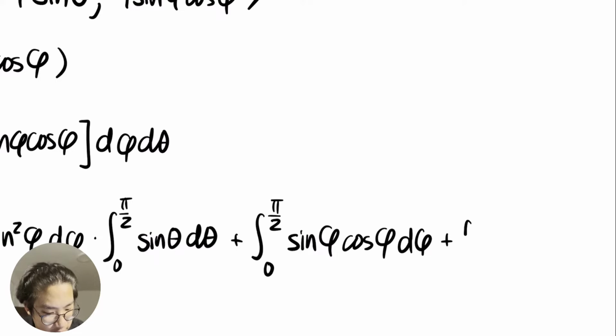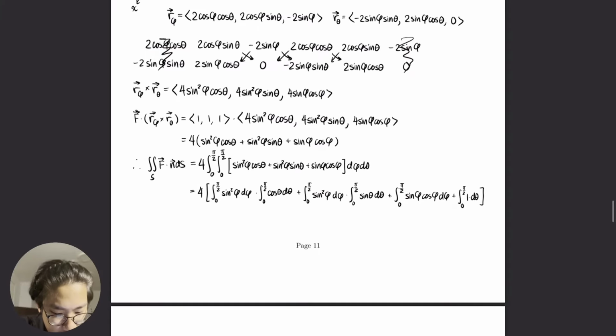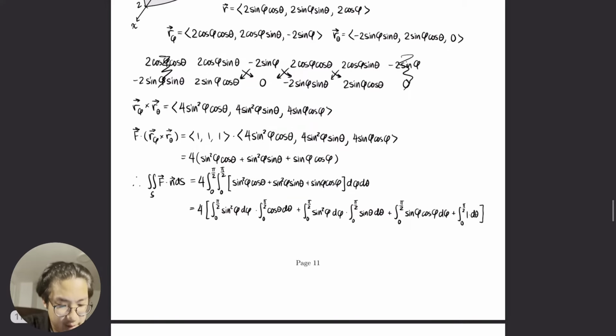And then finally, we're just going to add the integral from 0 to pi over 2 of 1 d theta. We're going to close it off.